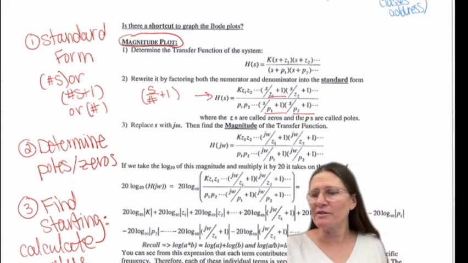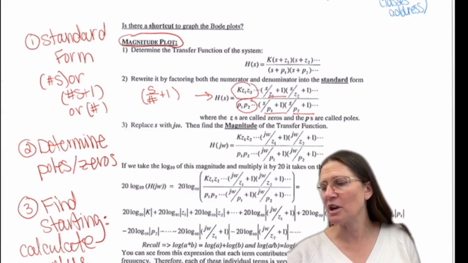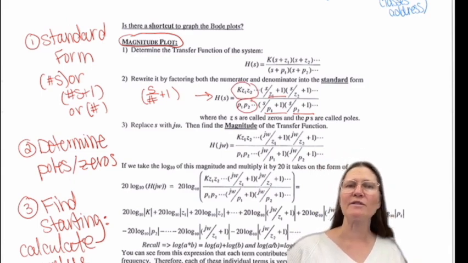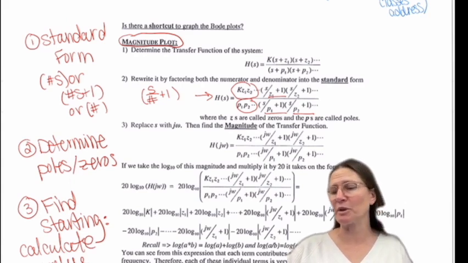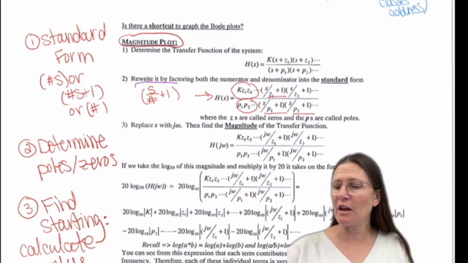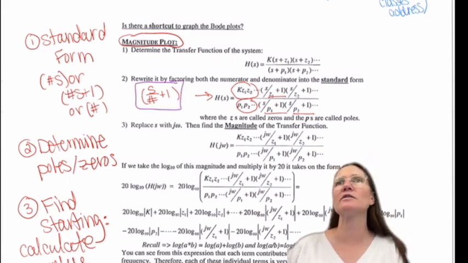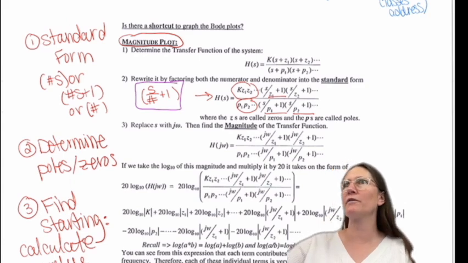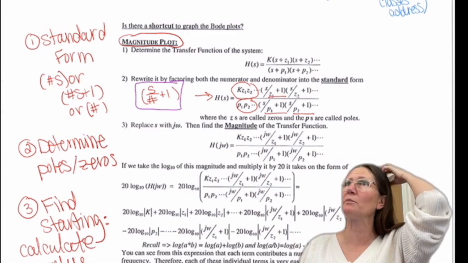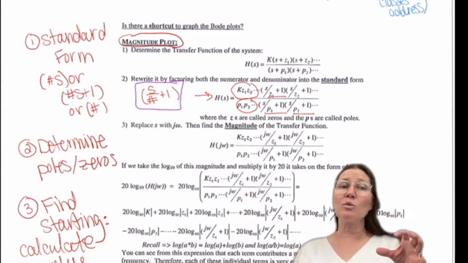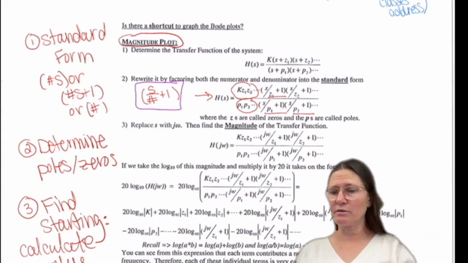And then you might have some constants out in front of both the top and the bottom. So you'd have some constant and then S over a number plus 1. Usually I'll say try to get it into the standard form where you have these quantities of S over a number plus 1, or you want just S by itself.